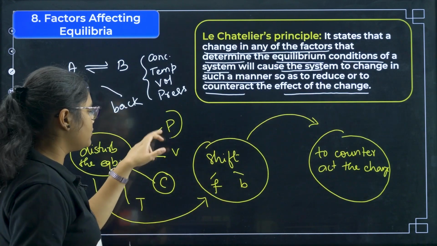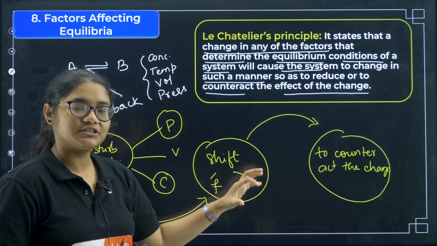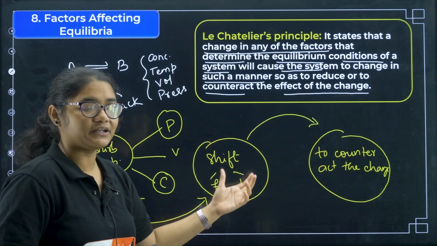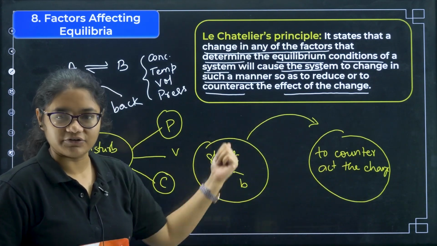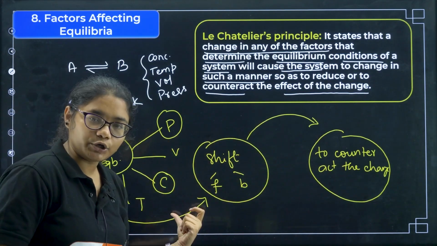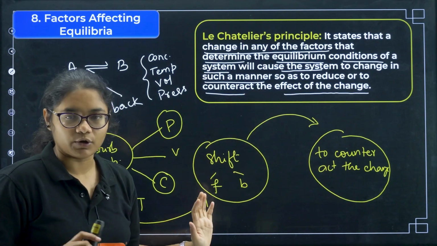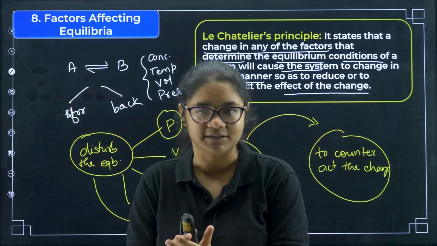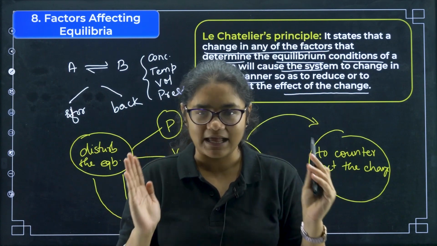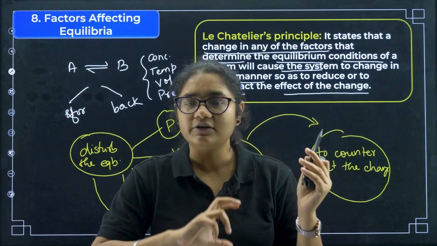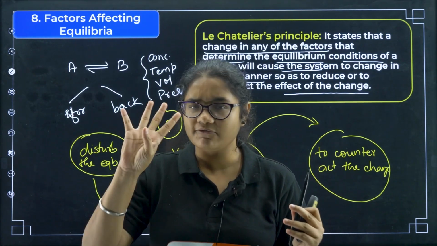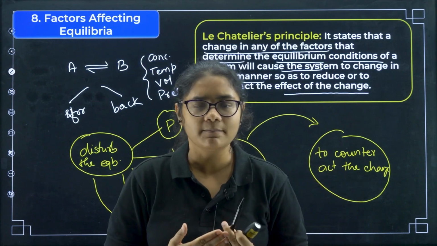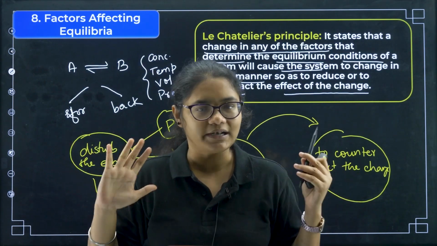If you have decreased the pressure, the reaction will try to shift in such a way to increase the pressure. If you have decreased the volume, the reaction will try to increase the volume. I am hoping that you are understanding the meaning of Le-Chatelier principle. It states that suppose a reaction is in equilibrium, you are trying to disturb that equilibrium. There are 4 ways how you can disturb the equilibrium: pressure, volume, concentration and temperature.